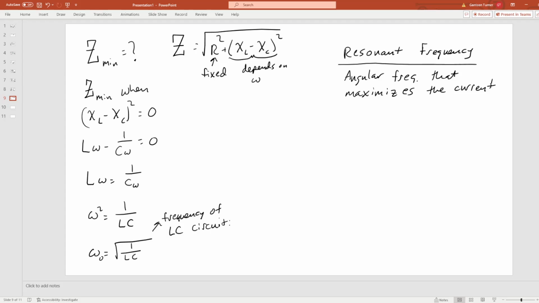And we can even translate this to the regular frequency by the fact that omega equals 2 pi f. So f is equal to omega over 2 pi. And so your resonant regular frequency is equal to 1 over 2 pi times the square root of LC.